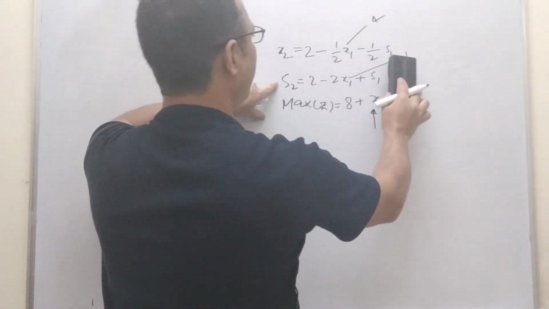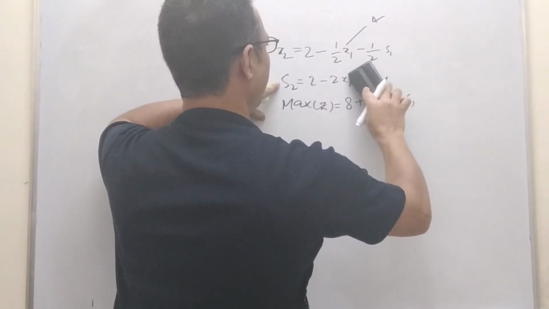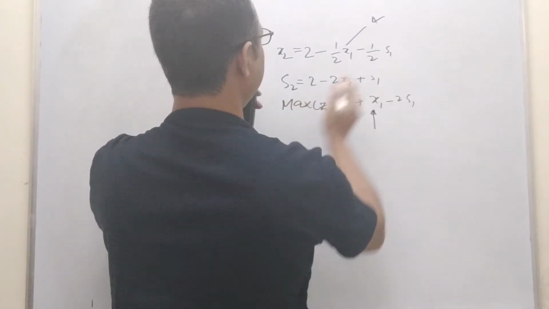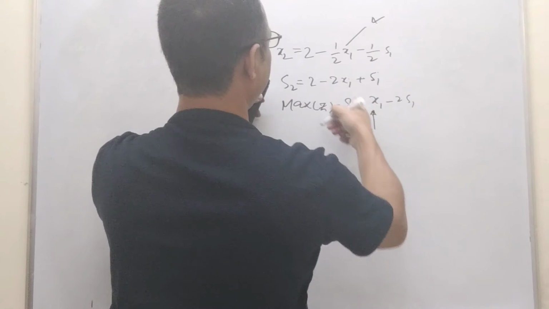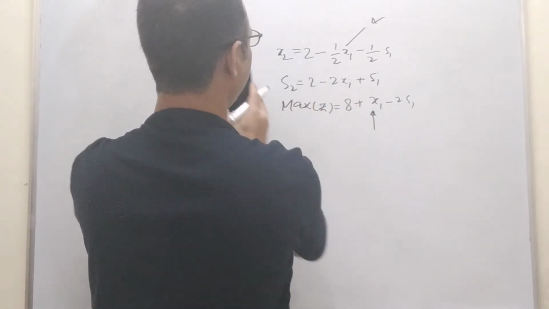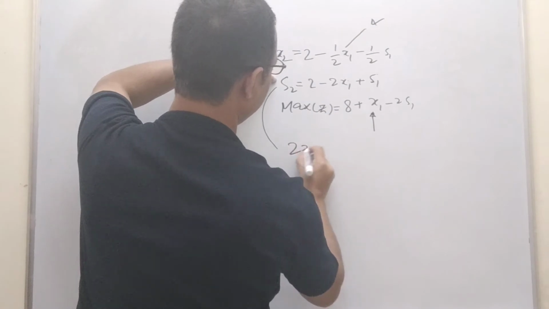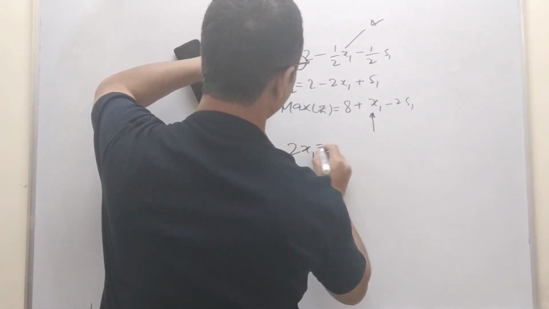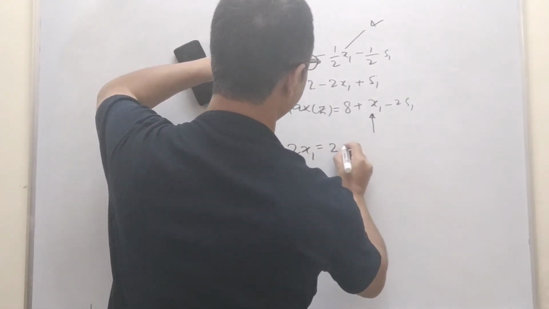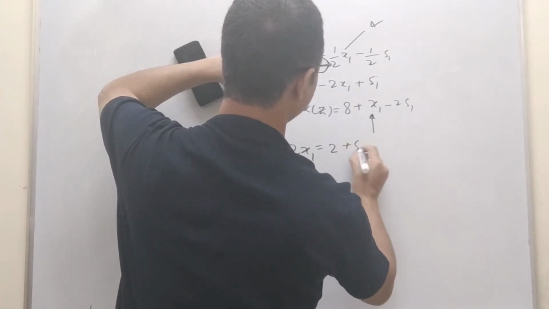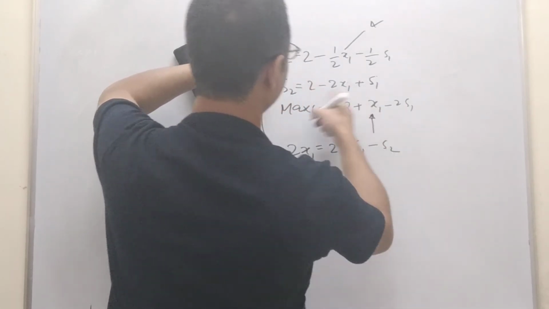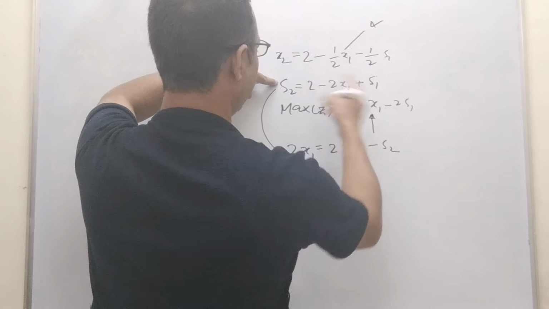So now we are going to focus on this equation. Here x1 is going to enter into the basis and s2 is going to leave the basis. So we will take this variable and 2 x1 to the right hand side, which is equal to 2 minus 2 plus s1 minus s2.